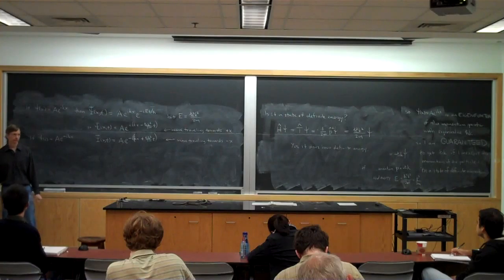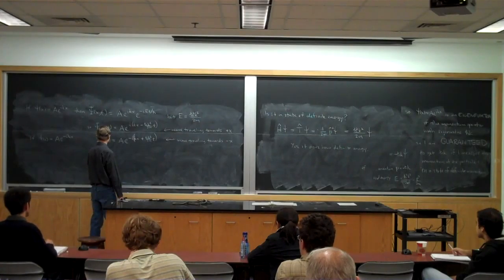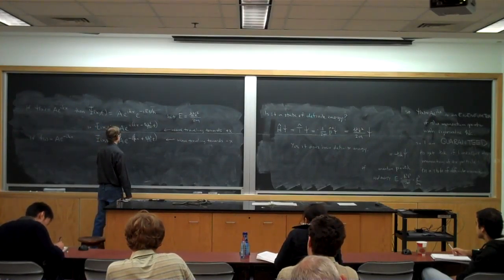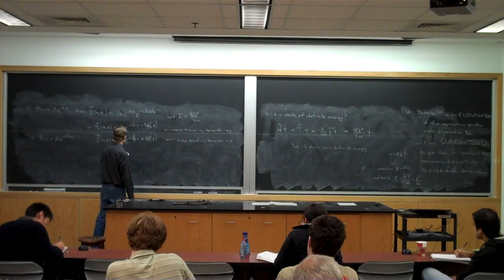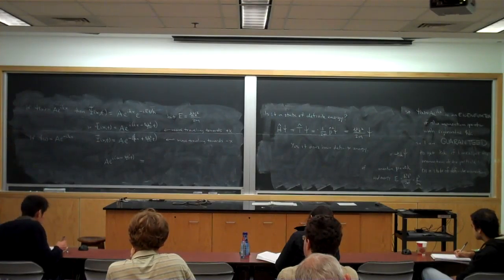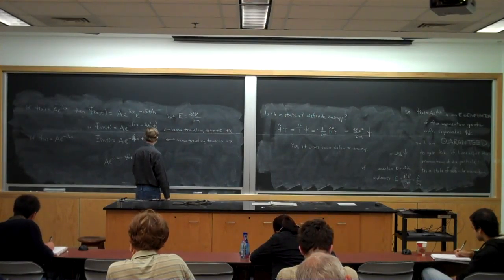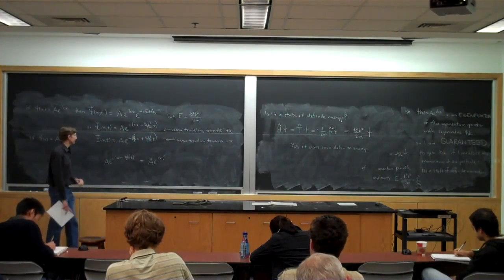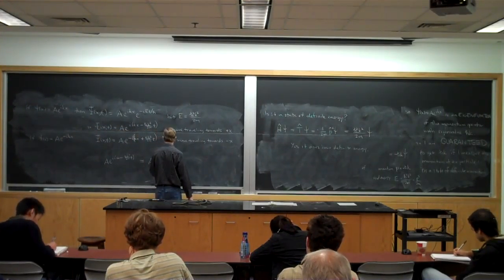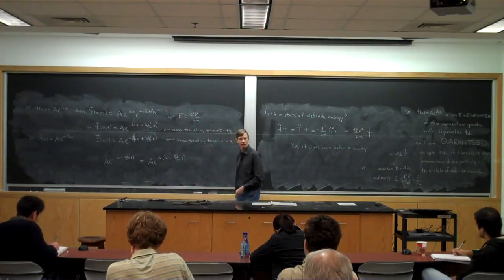How fast are these waves traveling? Take the top one here. I rewrite e to the i(kx minus h bar k squared over 2m times t) as A e to the ik, so I factor k outside of it and say this is e to the ik(x minus h bar k over 2m times t).